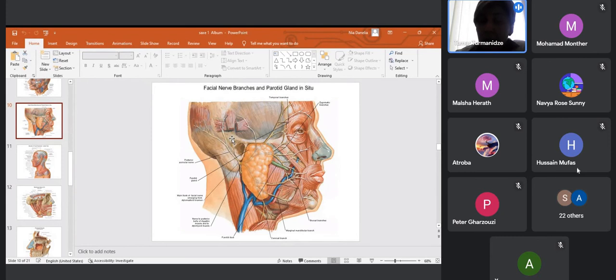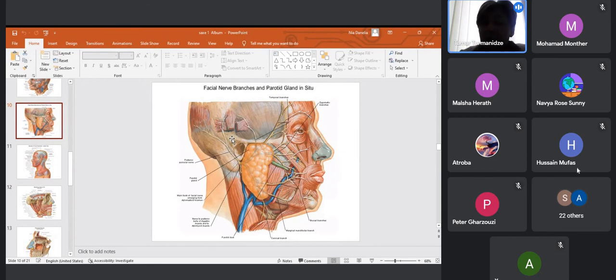In the parotid gland, the fascia forms a capsule which closely covers the gland, so closely that during surgery, when intracapsular excision of the gland is needed, it is technically impossible.